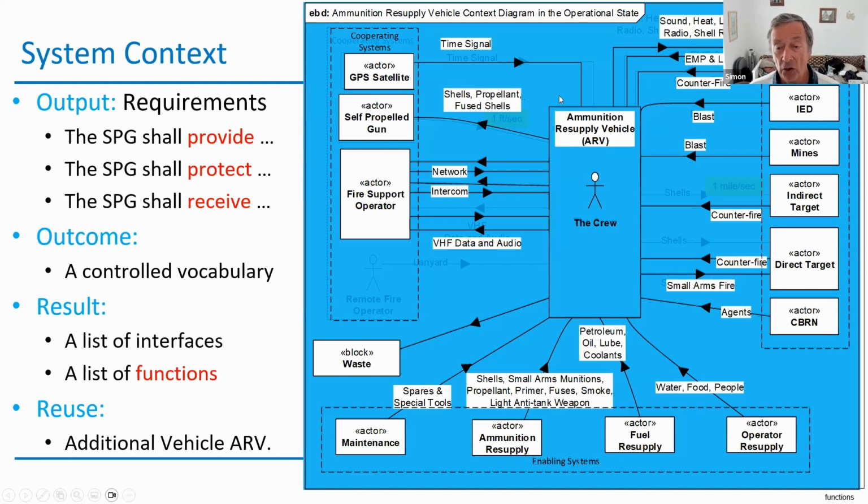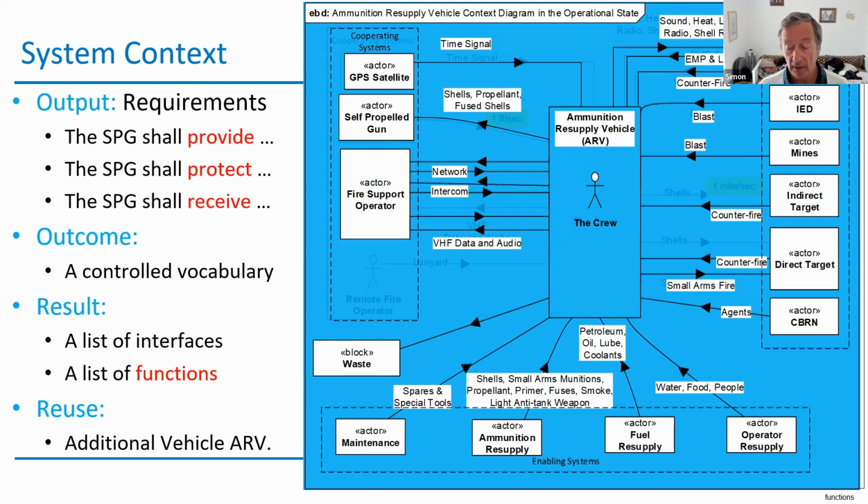And you can see there's a huge amount of commonality between the two. Same sort of inputs. In fact, I think all the inputs are virtually the same, and some of the outputs are shared as well. So we were able to write a second system specification for the ammunition resupply vehicle relatively quickly by identifying the commonality of the interfaces with the SPG.